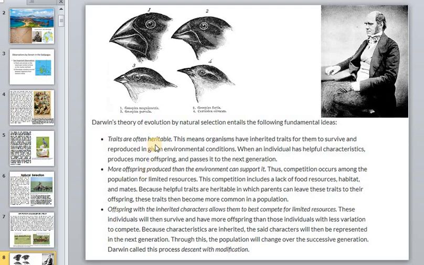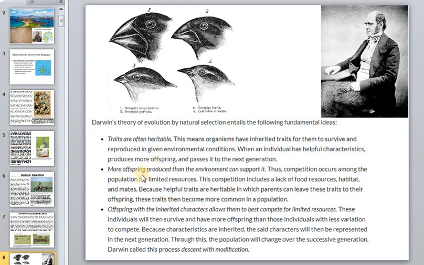In the first case, this means organisms have inherited traits that help them survive and reproduce in given environmental conditions, and individuals with helpful characteristics produce more offspring and pass them to the next generation.